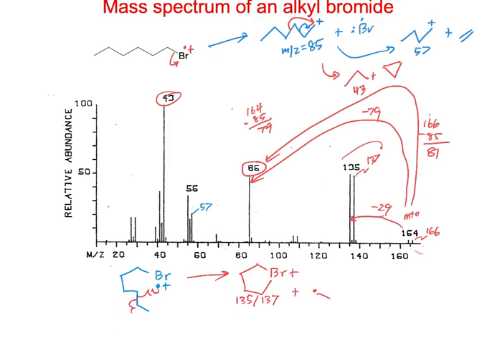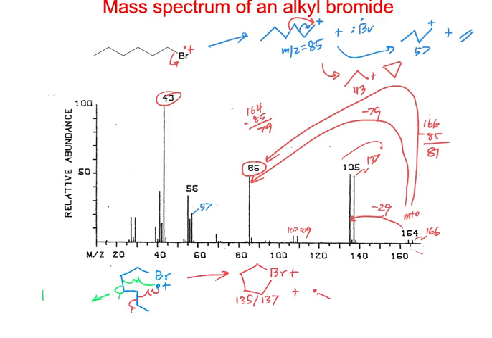Notice there's 107 and 109 in there. That's a small ion that has bromine in it still as well. That one apparently does a similar mechanism, but this combines with this bond.